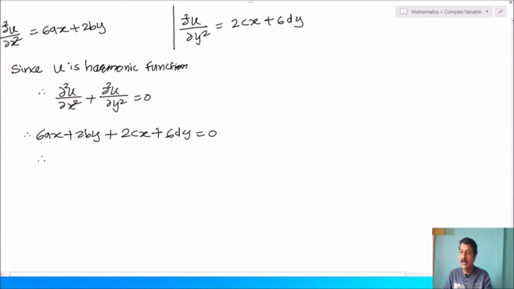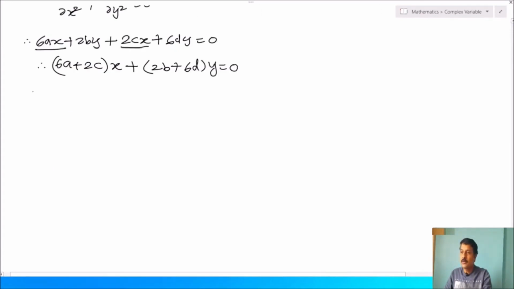And therefore if we take x common from this, I am getting here (6a plus 2c) x plus, remaining y common, (2b plus 6d) y equal to 0. So what this implies? This implies 6a plus 2c equal to 0 and 2b plus 6d equal to 0.